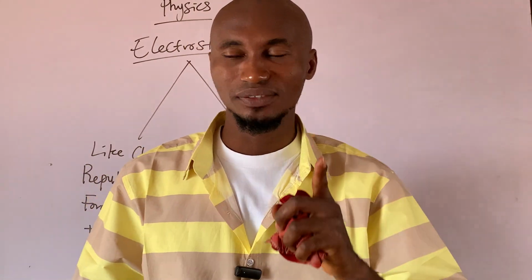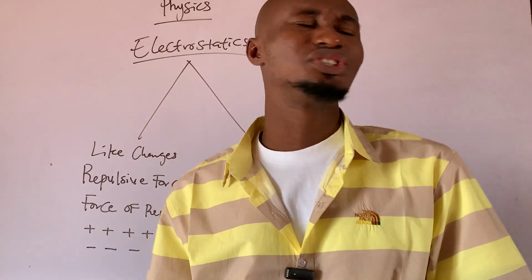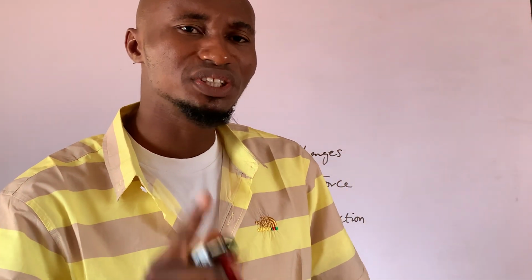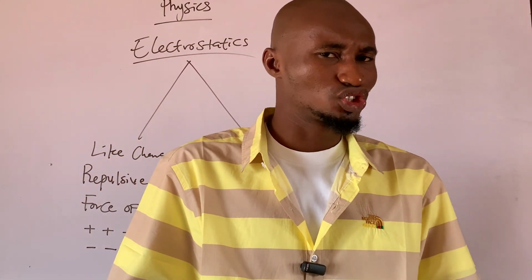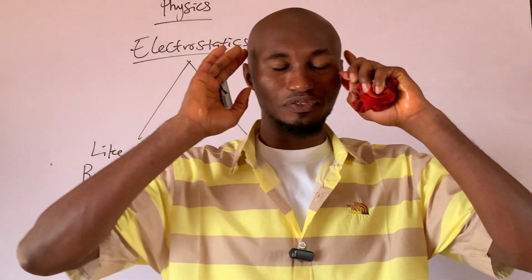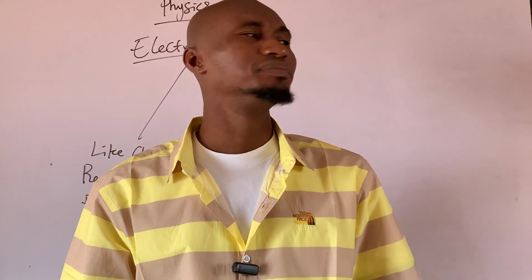Now, take this analogy back to physics. If there's no positive and there's no negative, there won't be flow of electron. Now, let me take you down to chemistry. If there's no positive element and there's no negative element, I don't think there will be salt. And the concept of acid and base won't be a reality today.